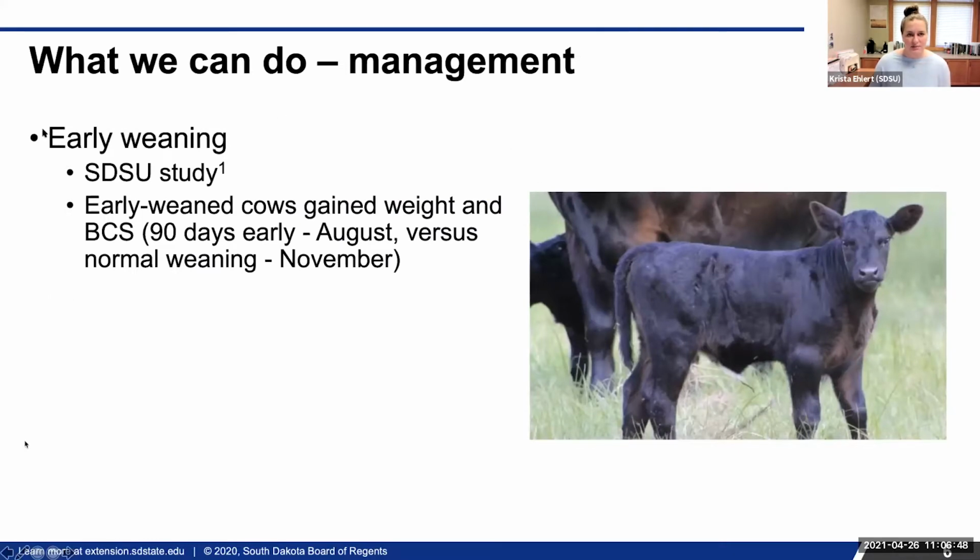Another option when it comes to management is to consider early weaning. This was an SDSU study that was conducted at our Cottonwood field station. They had early weaned cows and normal weaned cows. Early weaned cows, those calves came off the cows in August, 90 days early, versus normal weaning, which occurred in the November timeframe.